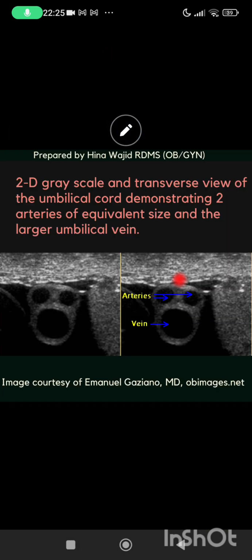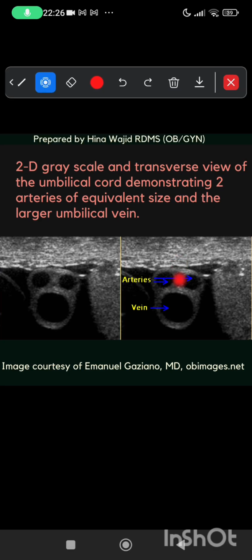Okay, now here we can see a transverse view or longitudinal view of the umbilical cord. This appearance is seen in the transverse view. It is also known as the Mickey Mouse sign. In the Mickey Mouse sign, we can see the normal appearance of the umbilical cord: a large vein and two small arteries.